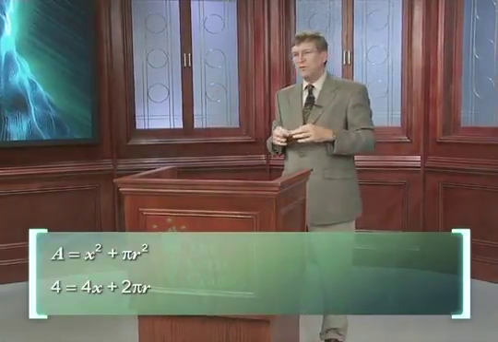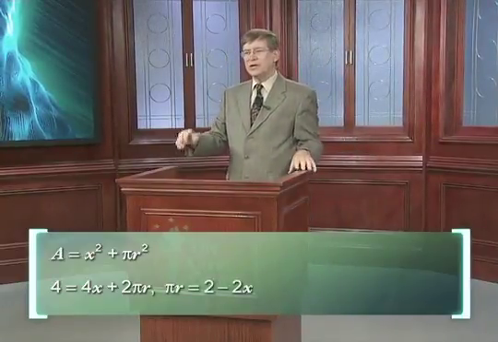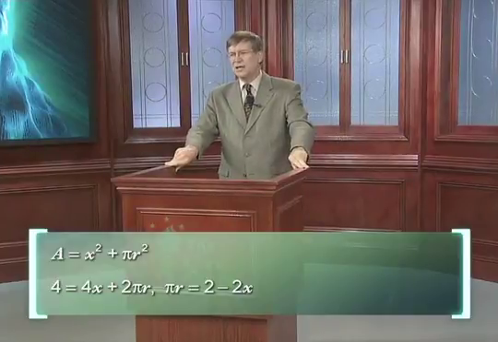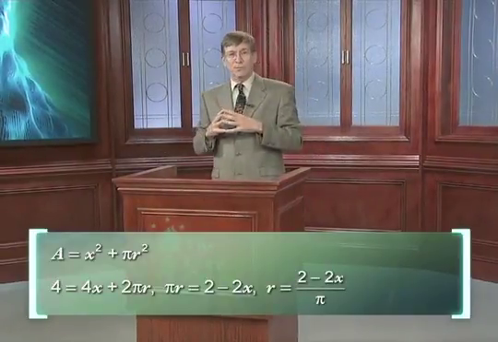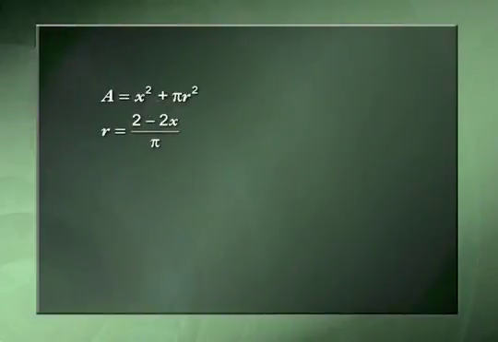I think it's better to delete r, and here's how we do it. We solve for r in our restriction. We get pi r equals 2 minus 2x, and that implies that r equals (2 minus 2x) over pi. Okay, now take this radius and plug it into the area formula, and you get area equals x squared plus pi times our new value of r all squared.